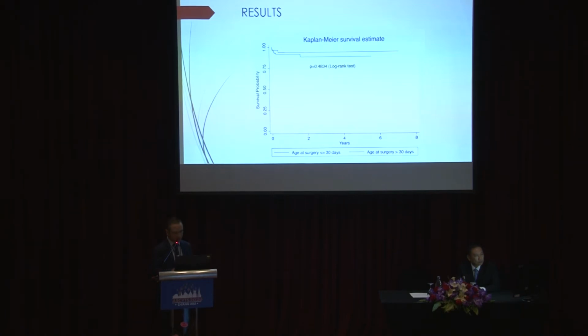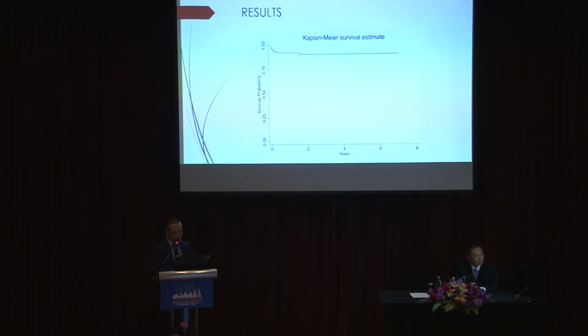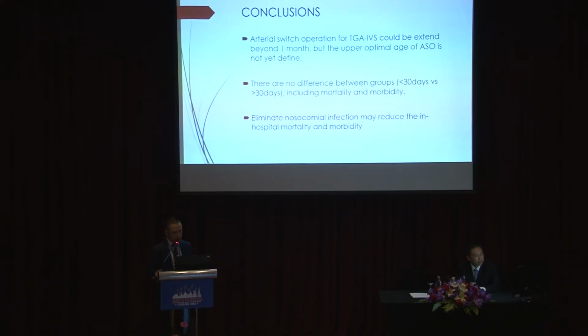The long-term survival in this cohort was 91%, and no patient required reoperation. In conclusion, the ASO for TGA could be extended beyond 1 month, but the upper optimal age is not yet defined, and there is no difference between groups, including mortality and morbidity. Eliminating nosocomial infection may reduce the in-hospital mortality and morbidity in our institution.